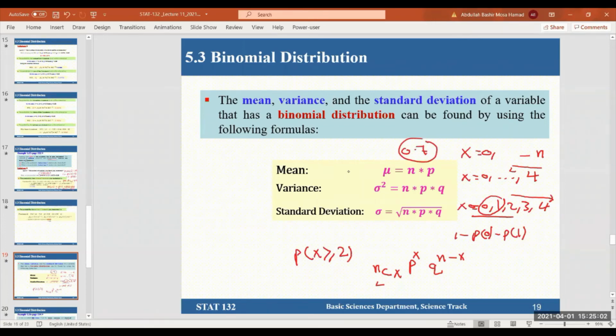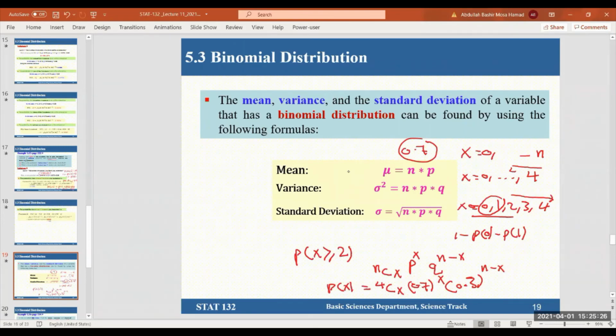So n is given. X is the question itself. 0.7 power x depends on x. Q is already done: 0.3 power n minus x. This is P of x.